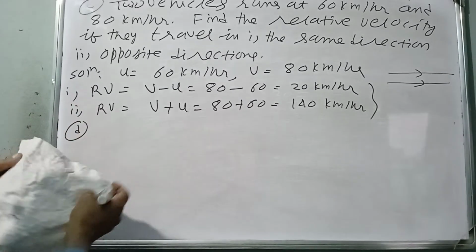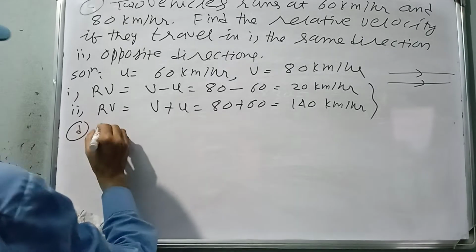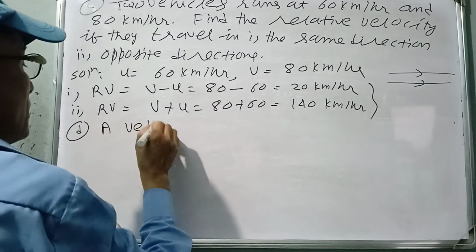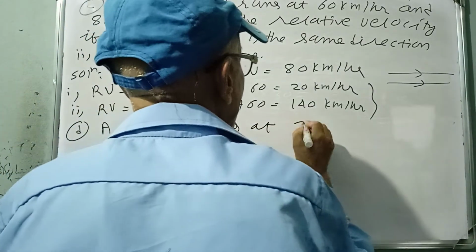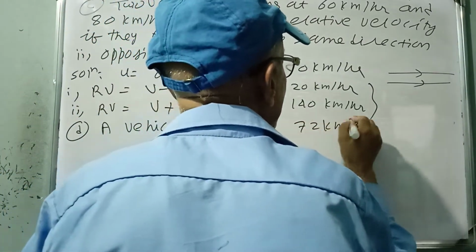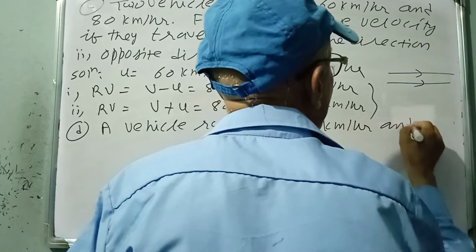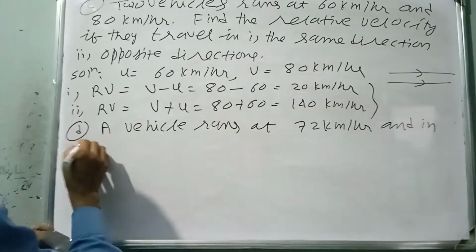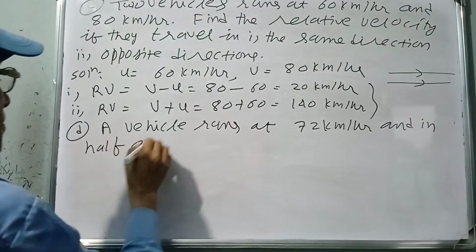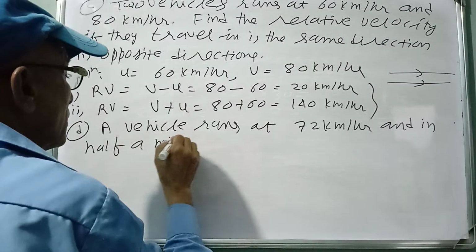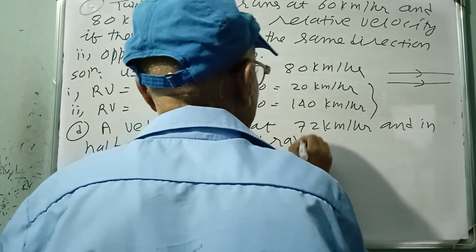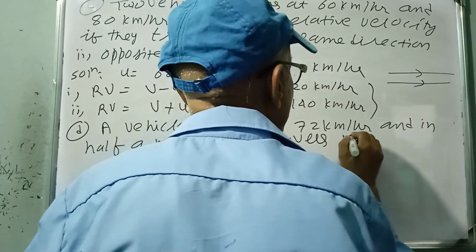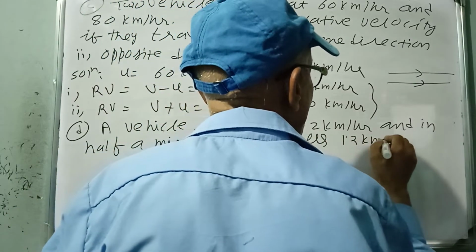A vehicle runs at 72 km per hour and in half a minute it travels 1.2 kilometer.